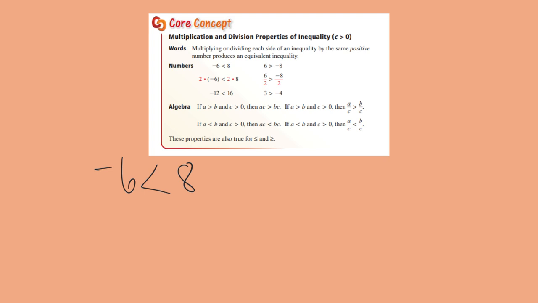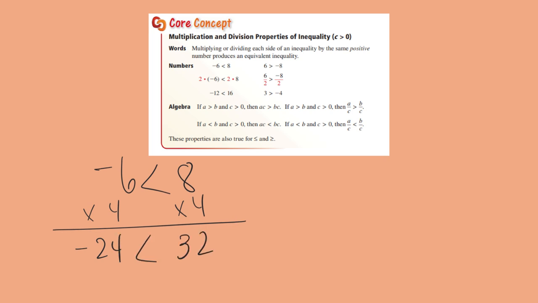We're going to use this as an example. 4. So if I multiply 4 to both sides, what's -6 times 4? And what is 8 times 4? Is -24 still less than 32? So my rule still applies, okay?